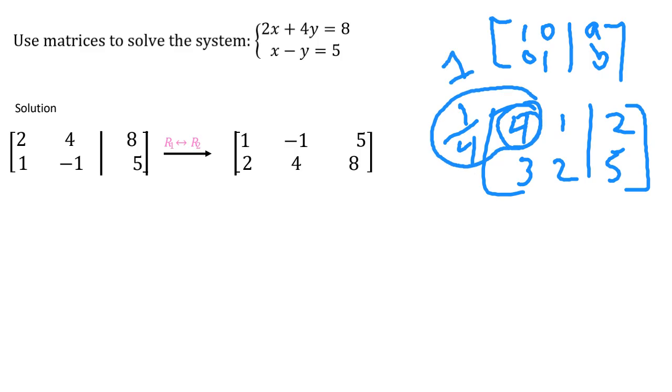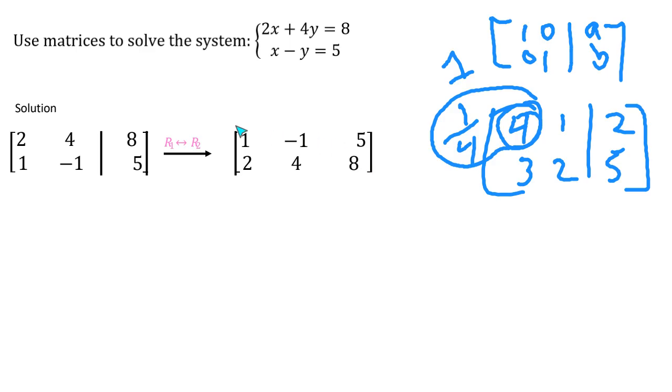But going back to our problem, I need the 2 to be a 1. My choices are I can multiply by half, or since I have a 1 below it, I can switch my rows. The symbol for that is I'm going to switch row 1, the double arrow means to switch, with row 2. So I'm going to write this as 1, -1, 5, 2, 4, and 8. Okay, so that is my first step.